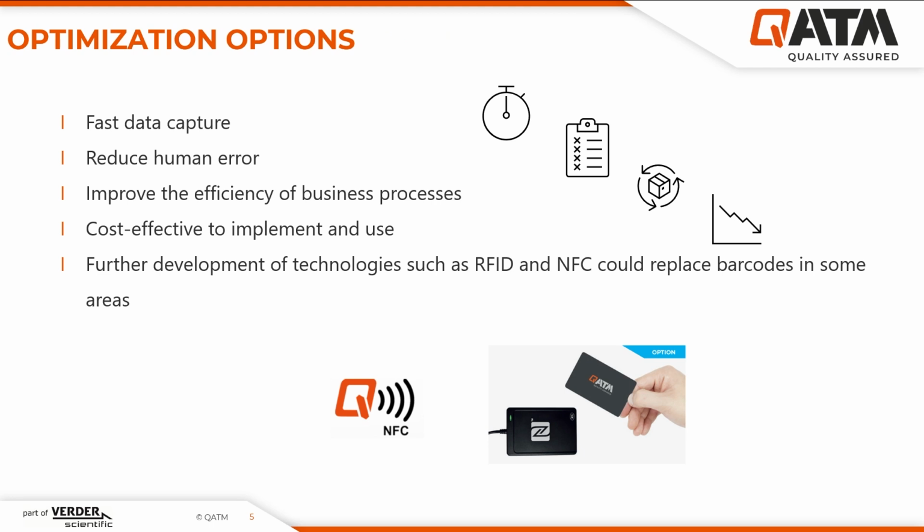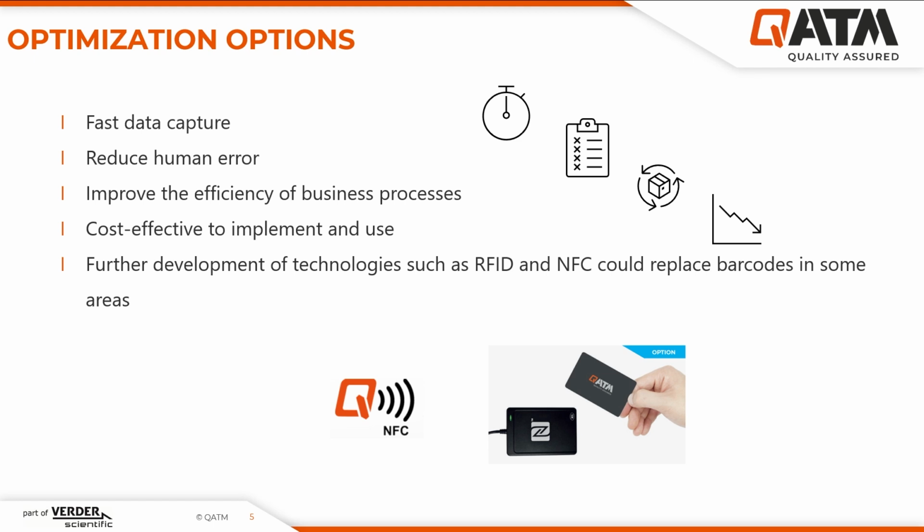Regarding the optimization options for the barcode usage in our software, what are the applications and what is the advantage? So first of all, of course, the fast data capture is one of the big advantages compared to manual selection. In this case, we also reduce the human error by automatically importing any kind of specific data from a barcode into the software. So there is no typing error, there is no misunderstanding of the operator filling out the wrong user field or something like that.